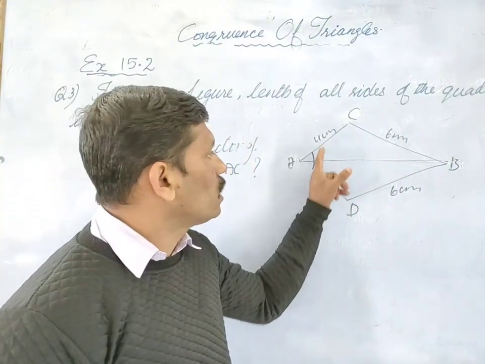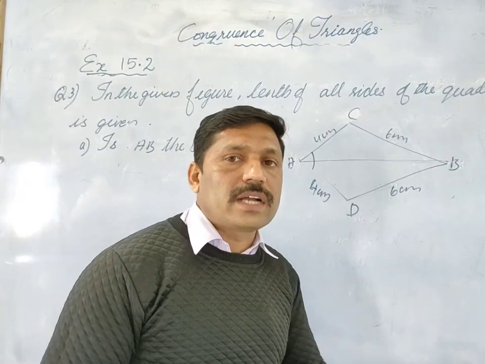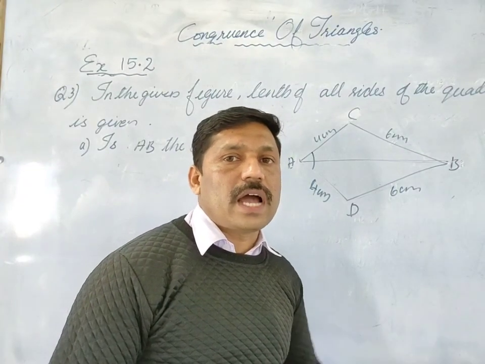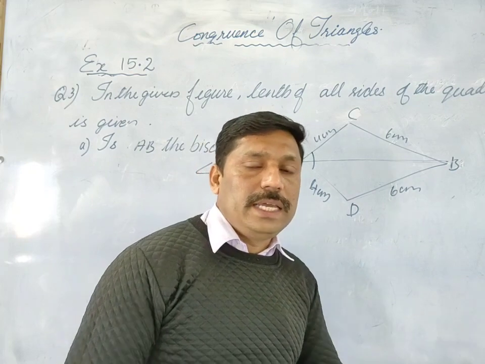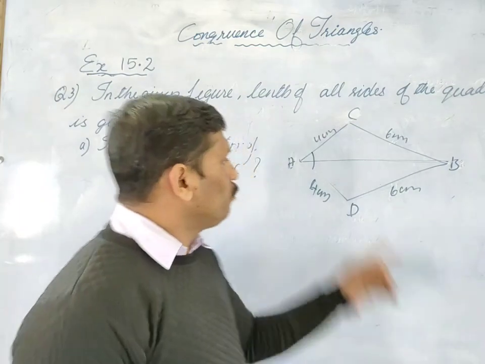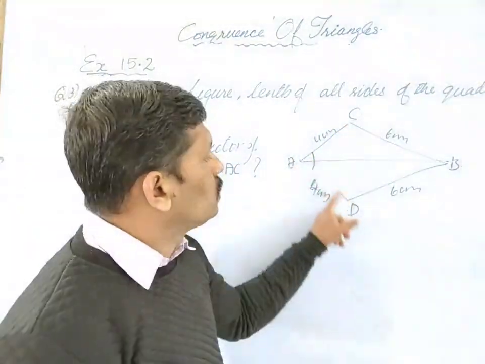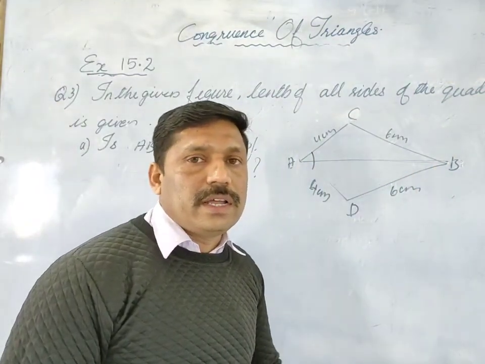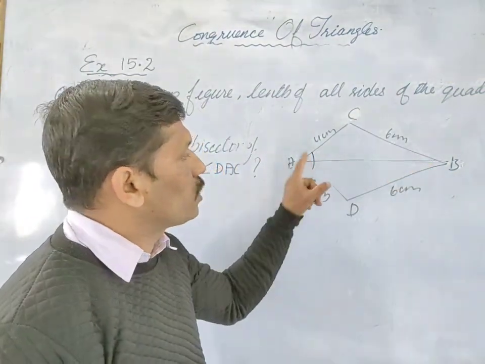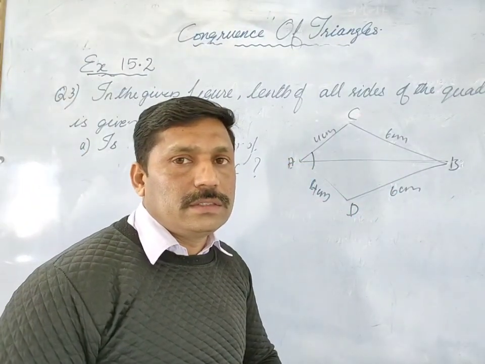These two angles are equal because they are congruent parts of congruent triangles. And if angles CAB and DAB are equal, then we can say that this line is the bisector, because a bisector divides an angle into two equal parts.